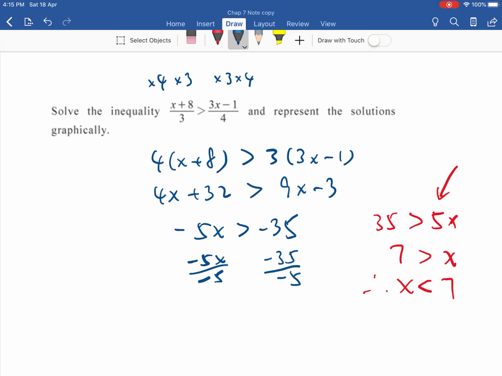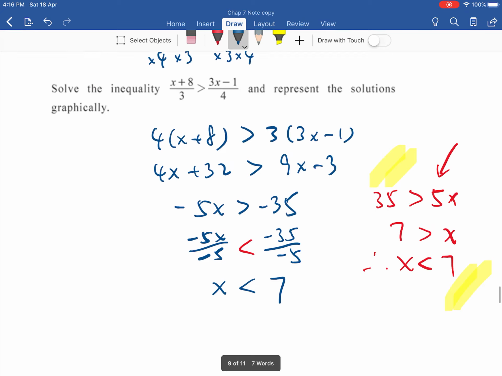Make sure that whenever you divide by a negative, you change the inequality sign. Therefore x is less than 7. You still get the same answer. Which method do I prefer? I prefer this one, because I don't have to care about the negative sign. I always keep x positive.